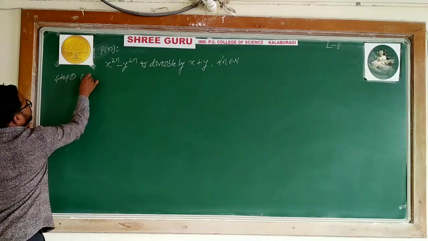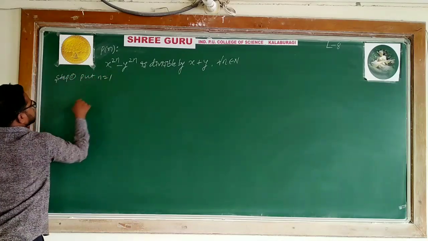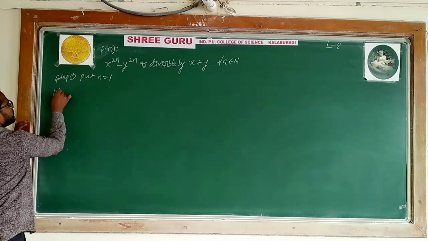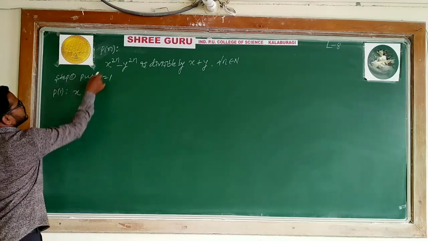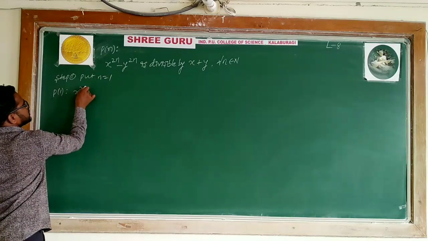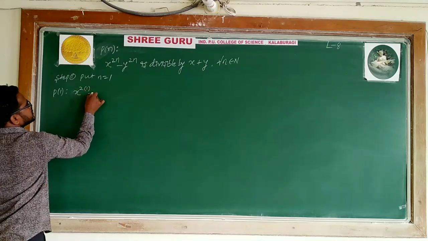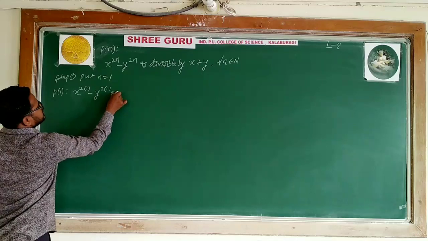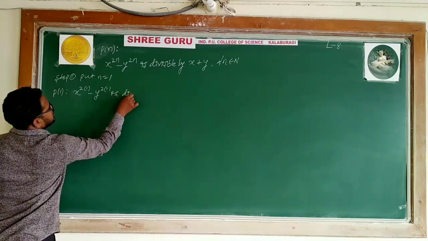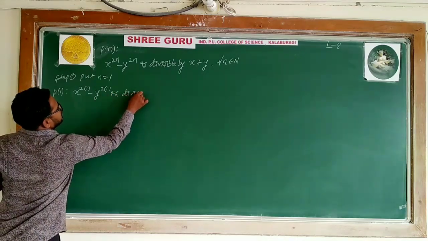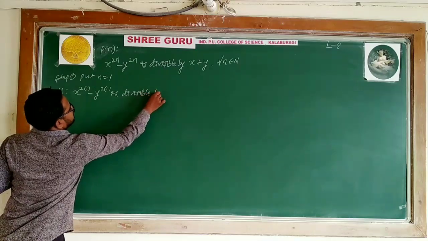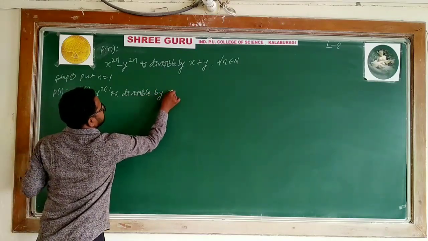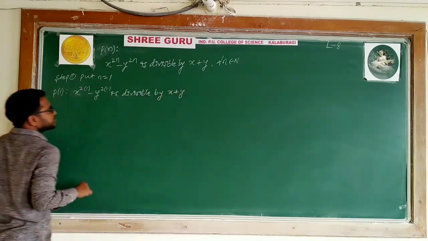Put n is equal to 1. P of 1: x to the power 2n, where 2n is 2 into 1, minus y to the power 2n, is divisible by x plus y.